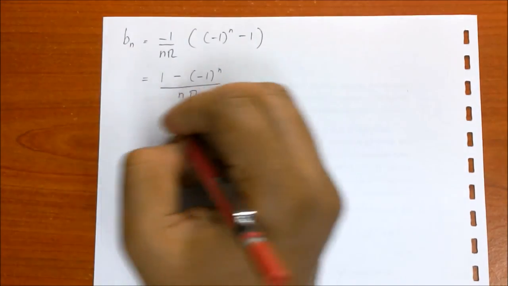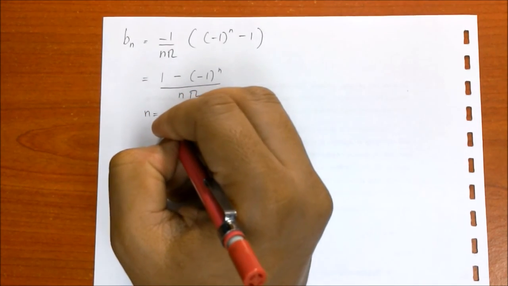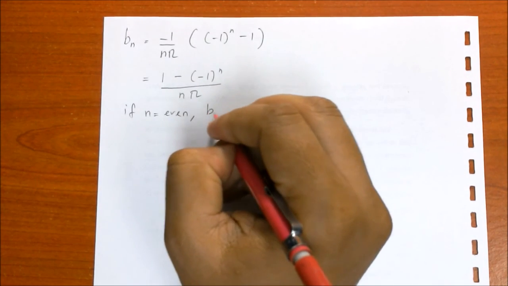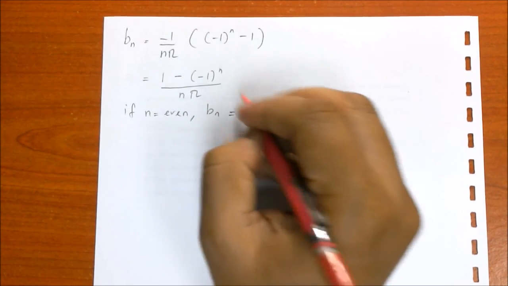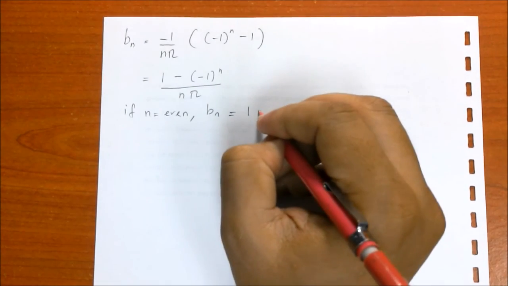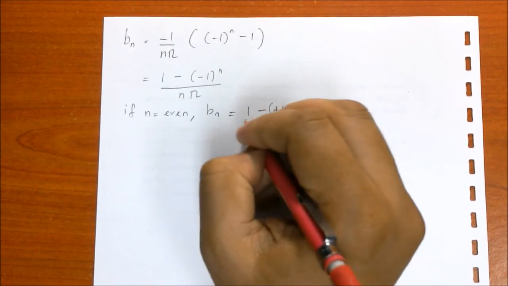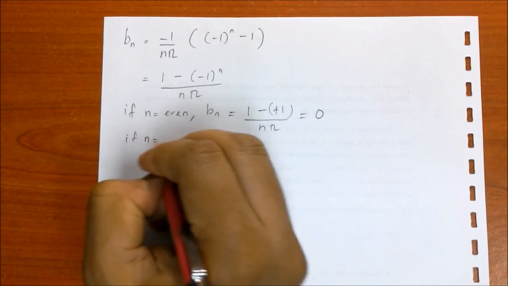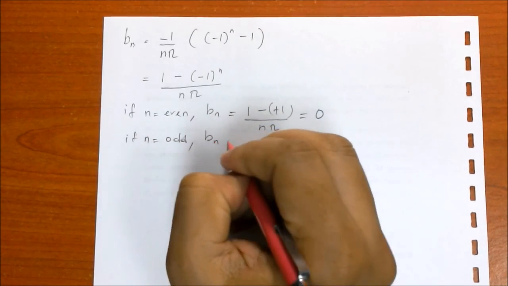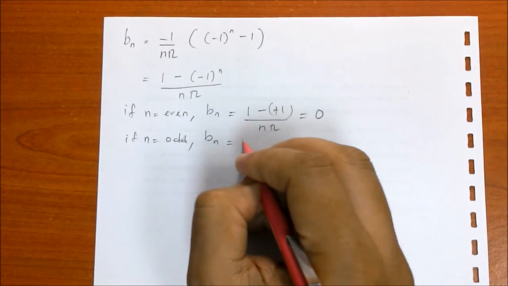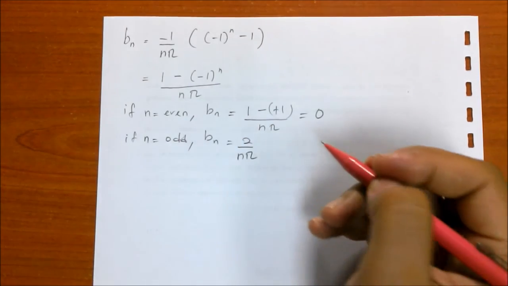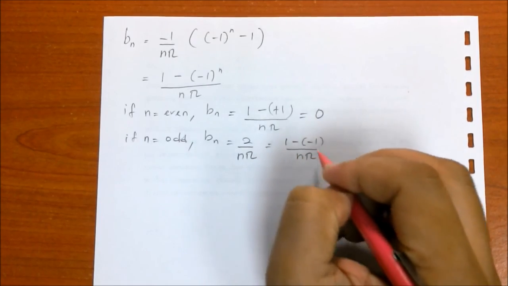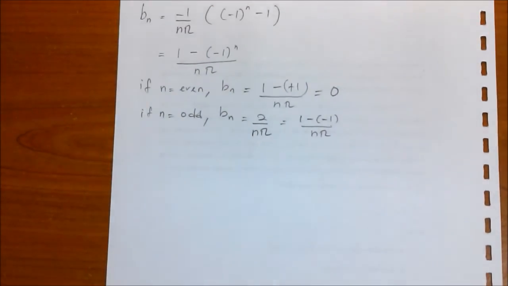So let's look at what happens if n is an even number. Then we get that to be 0. And if n is odd, bn is 2 over n pi, right?